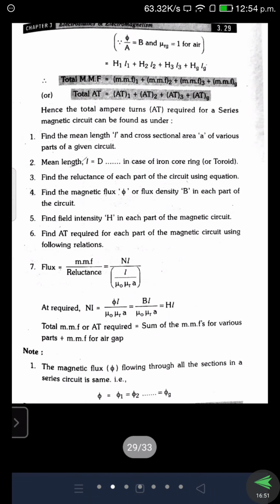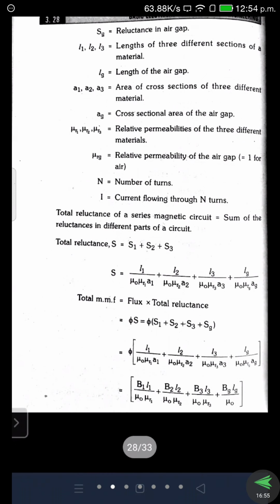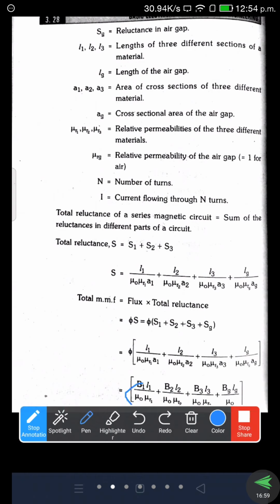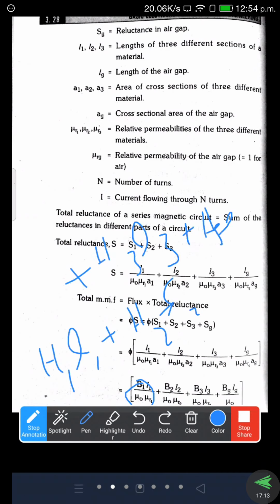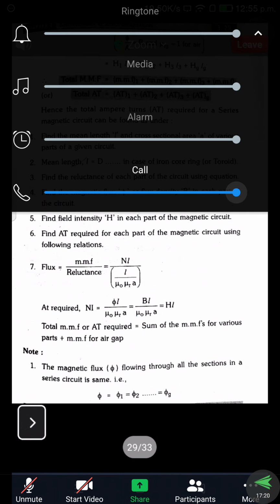So instead of B by mu naught into mu R1, this term is used, and this term becomes H. So H1 into L1 plus H2 into L2 plus H3 into L3 plus Hg into Lg. That is the equation we get finally.